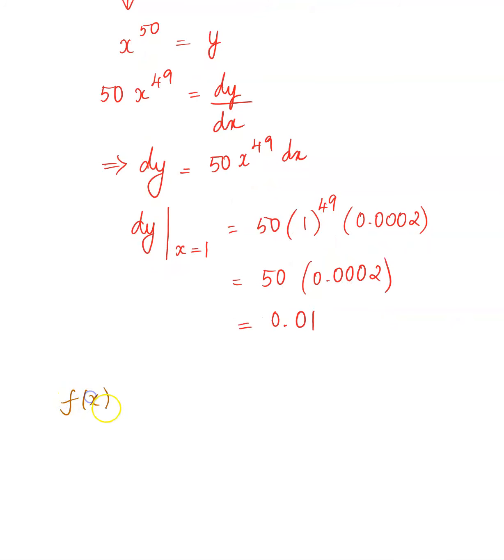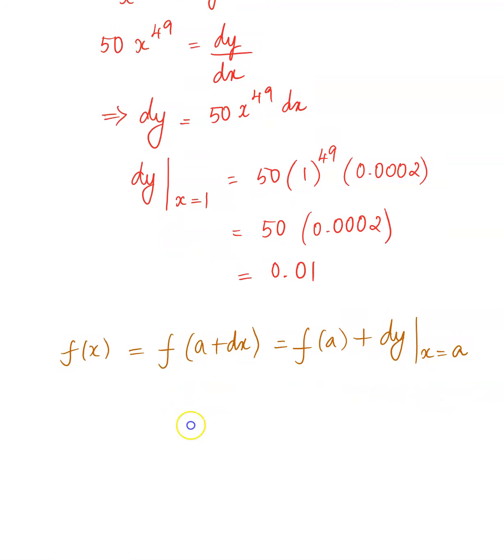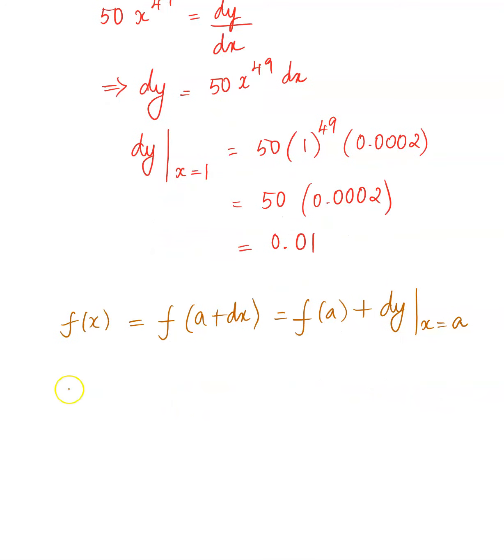So we know that f of x is the same as f of a plus dx, which is basically f of a plus dy at x equals a, isn't it? So let's rewrite all of these things for our given problem. Okay.